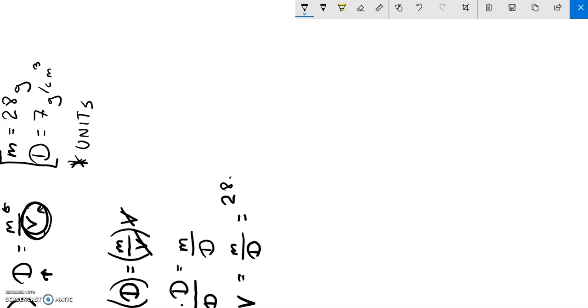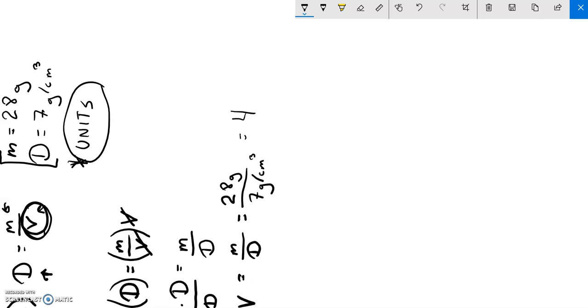We get 28 grams divided by 7 grams per centimeter cubed. Awesome. So if we take 28 and we divide it by 7, we get 4. And that's the numerical part of the answer. But then we get to the units part.